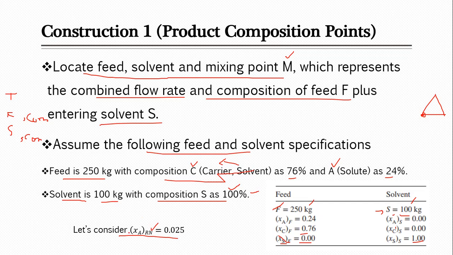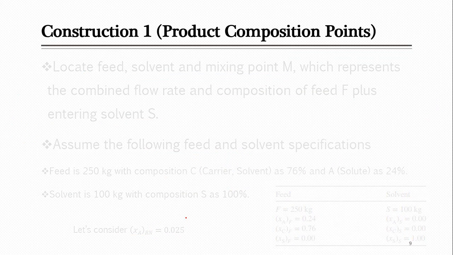We talked about this: either you should be given the composition of some component leaving from the first plate in the extract, or the composition of some component leaving from the nth plate as a raffinate stream. So here you are given that the solute leaving in the raffinate is only 2.5%, or 0.025 in mass fraction. So this information is also given to us. Up to here we have 6 variables, complete, so we can proceed with this system and hopefully solve it easily.